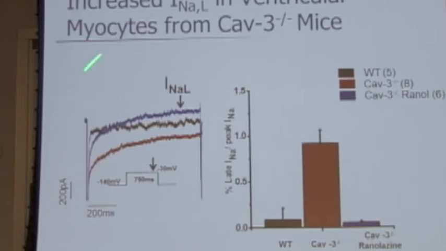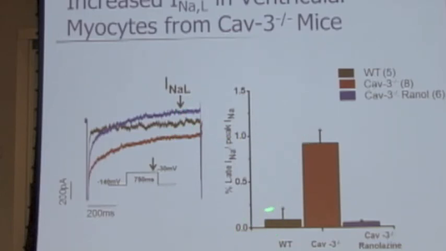However, if we looked at the late sodium current in these ventricular myocytes isolated from the Cav3 mice, we find that there is a late current that we can find in wild type, shown here in black. But in the knockout, that late current is increased, and if you add ranolazine to try and pharmacologically isolate the late current, you can see you go up to the blue current here.